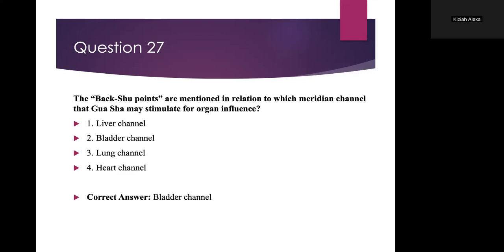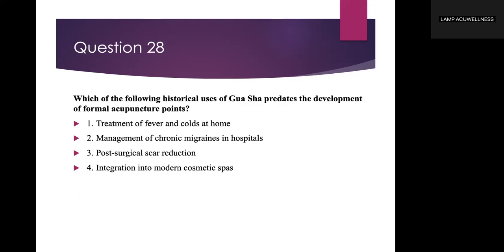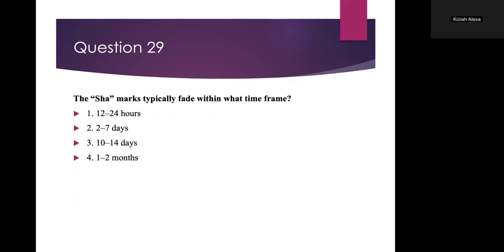The bladder channel. Which of the following historical uses of Gua Sha predates the development of formal acupuncture points? The treatment of fever and colds at home. The Sha marks typically fade within what time frame? 2 to 7 days.